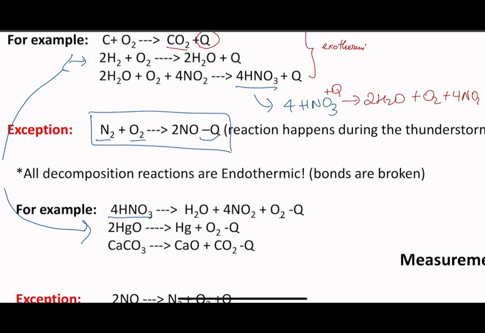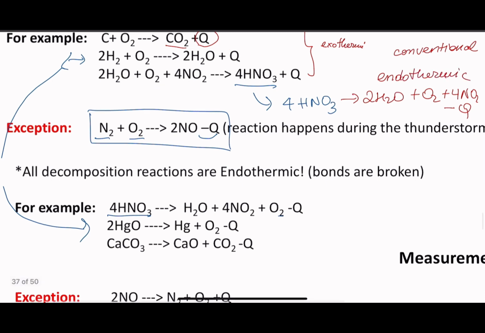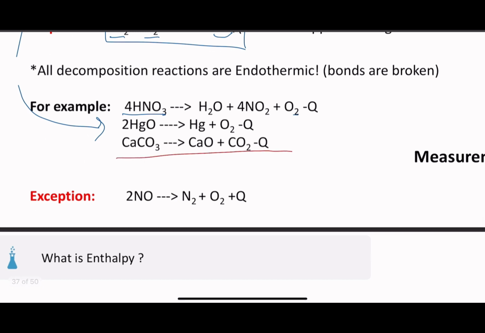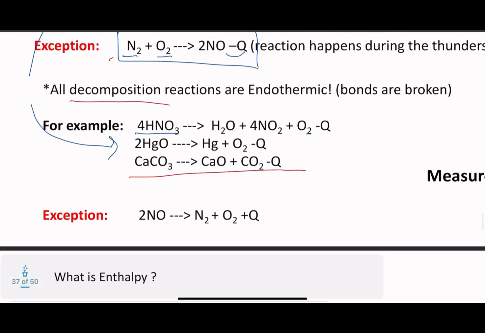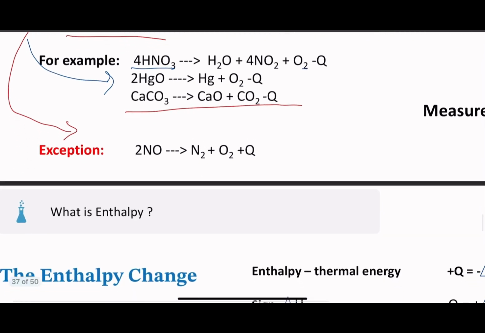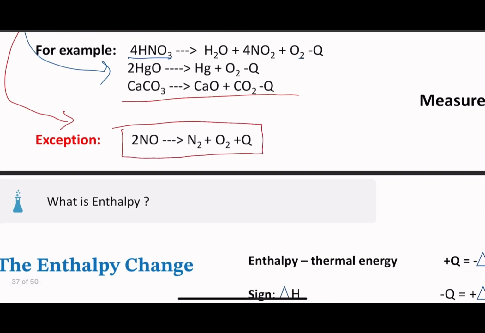We know that it is not conventional to write on the left side, so we will transfer it to the right side, where it's going to be negative Q, which means that it will be endothermic. So all of these reactions are going to be endothermic because they are decomposition. They require energy input. And if you flip these reactions the other way around, you would get another exception for endothermic. This is an exothermic reaction. As you see, heat is released as the product.